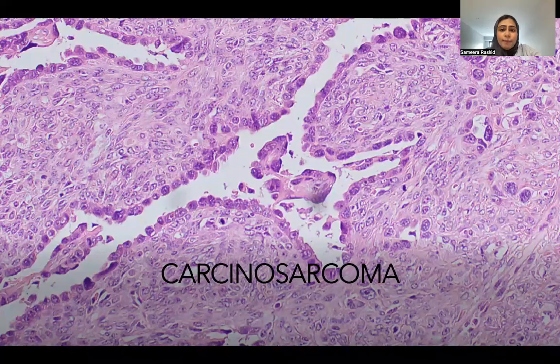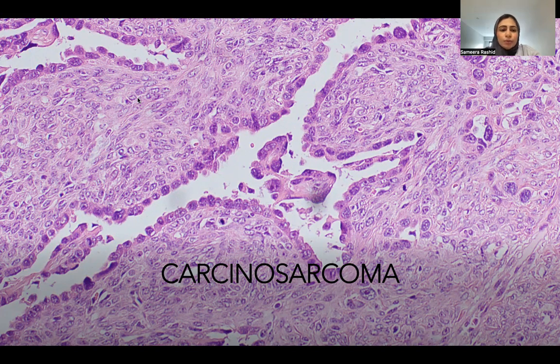Carcinosarcoma is a type of carcinoma that we can see in a lot of organs. What it means is that the carcinoma has sarcomatous transformation. So the epithelial component is malignant, but the mesenchymal component is also malignant.